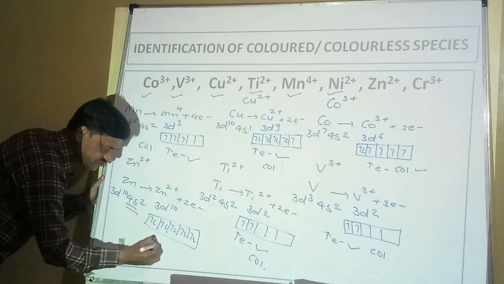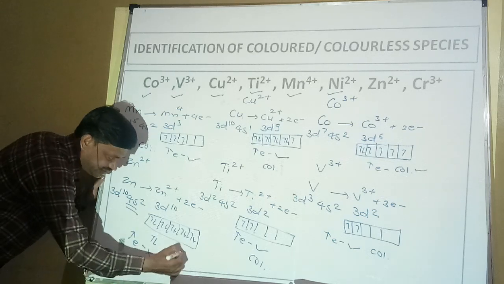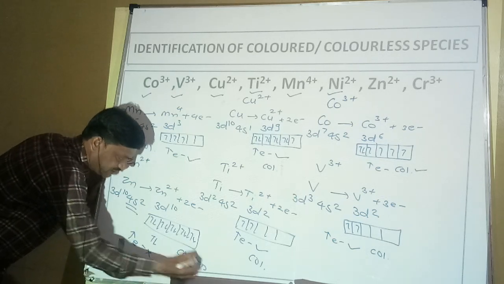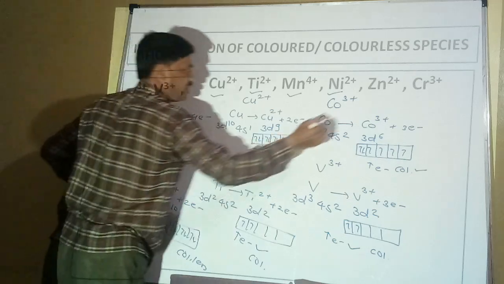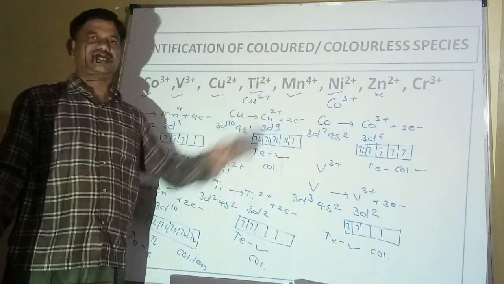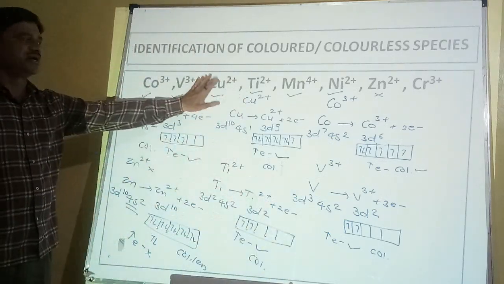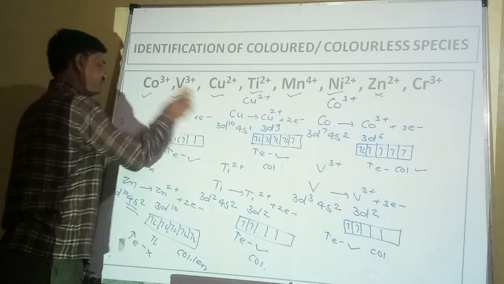So all electrons are in which condition? Paired. It means unpaired electrons are absent and it is found to be colorless. Remember, this is colorless. And again you can easily find out for the Cr+3 ion. Remember how to identify colored and colorless species.